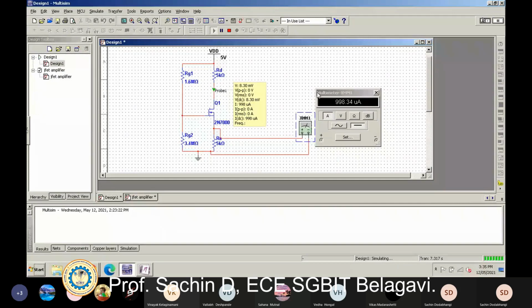I will take the voltage here. Can you find what is the current flowing through RD?